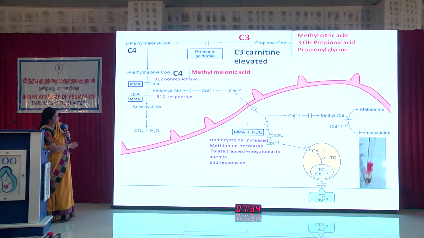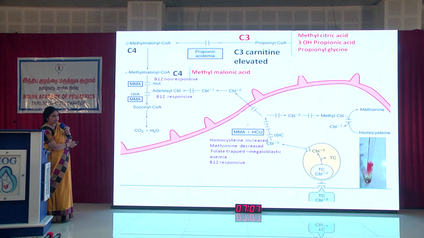So what are the two coenzymes of B12? Adenosyl cobalamin. The other one is methylcobalamin. Okay. So when there's a block here, what happens? How do you find out whether it is because of mutase deficiency or B12 deficiency?